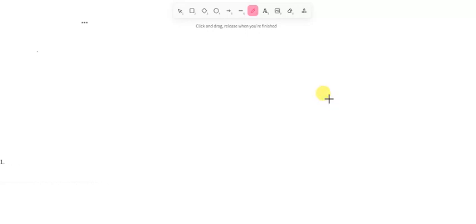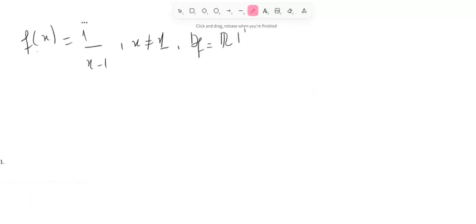Okay, so the function f of x equals 1 over x minus 1. And this is correct if and only if x is different than 1. And this means that the domain is R except 1. Okay? The second question will be the variation of the function.